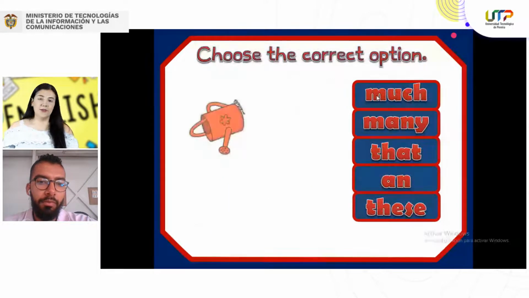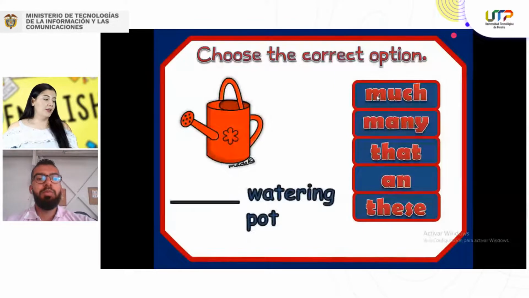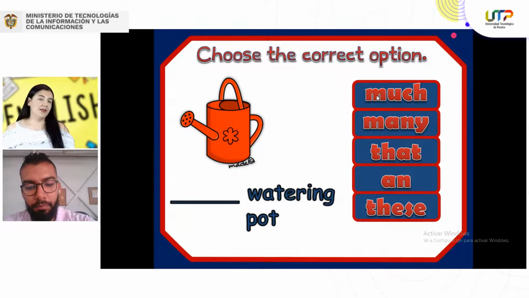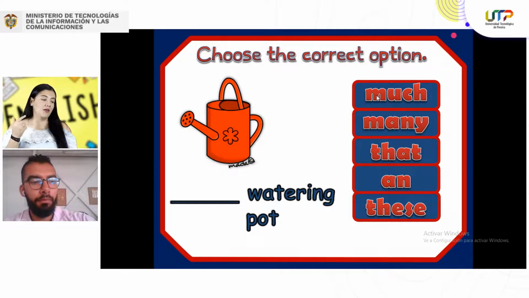Now, look at this one. Watering pot. Si no saben qué es esa palabra, es simplemente regadera, ¿cierto? Con lo que regamos las plantas. So, can we count objects? What do you think? So we can say much, many, that, an, or this.